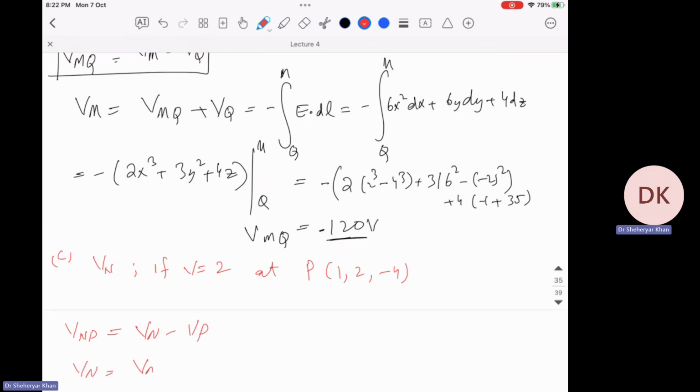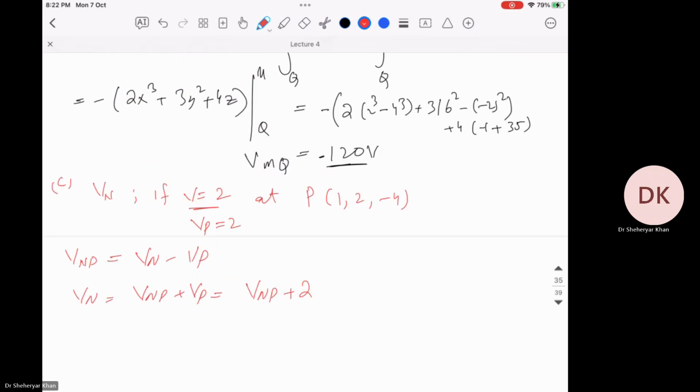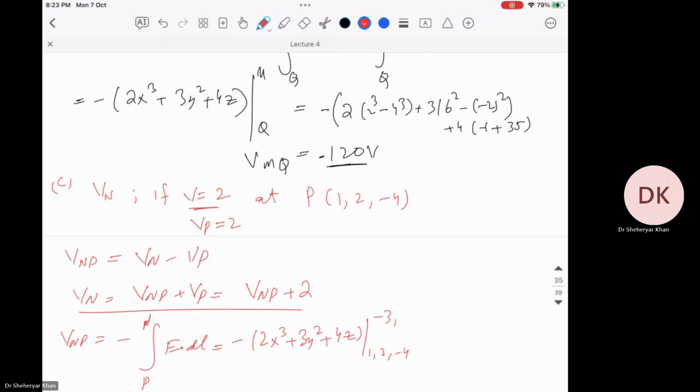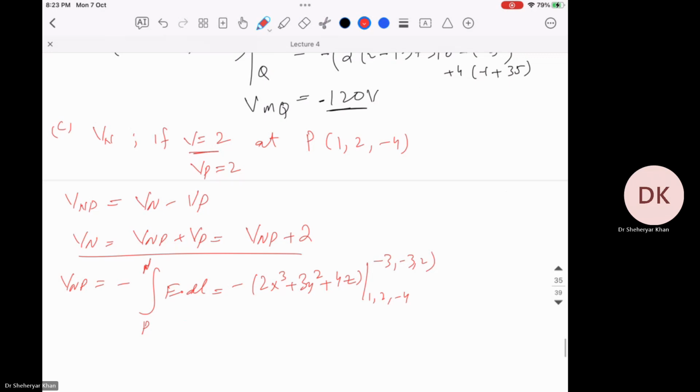Vn is equal to, V is equal to 2 means that Vp equals 2.